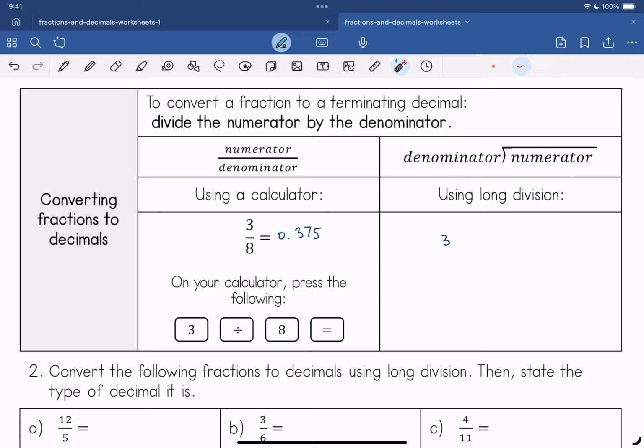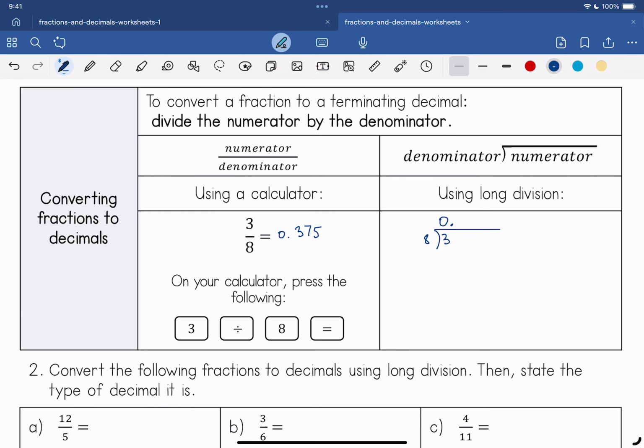To do this using long division, you put the numerator inside and the denominator on the left side. So 3 divided by 8. 8 goes into 3 0 times. You add a 0. 8 goes into 30 3 times. 8 times 3 is 24. You have a remainder of 6. Add another 0. 8 goes into 60 7 times.